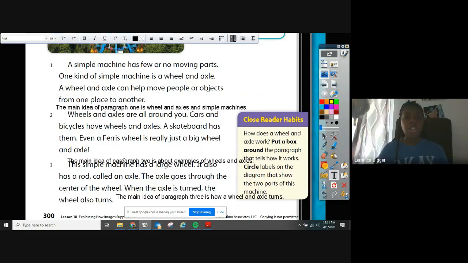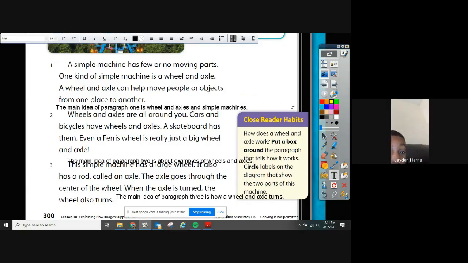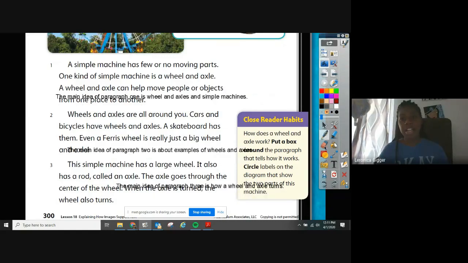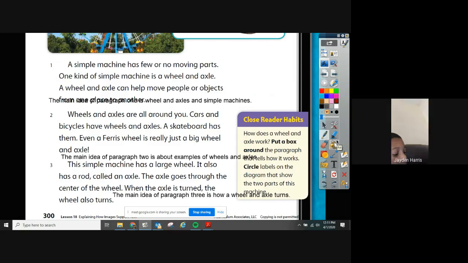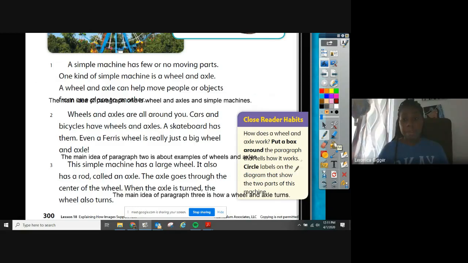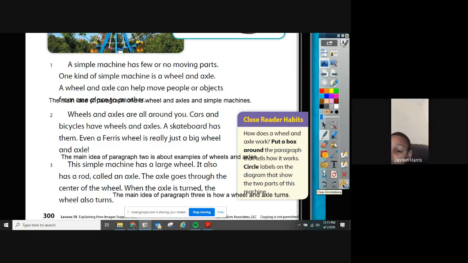So now what is the main idea of the whole text? Wheels and axles. Very good, Jaden. The main idea of everything is wheels and axles. Do we have any questions? Anybody have a question? No.